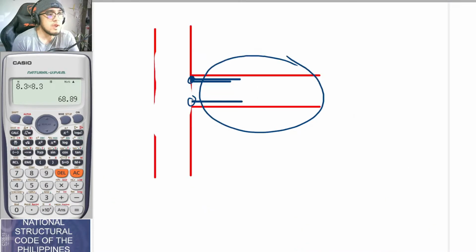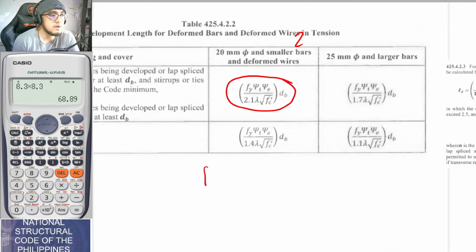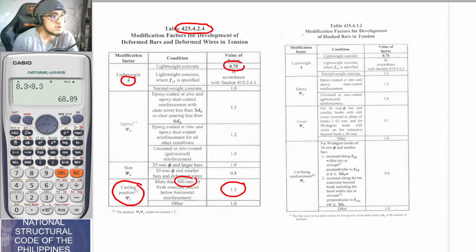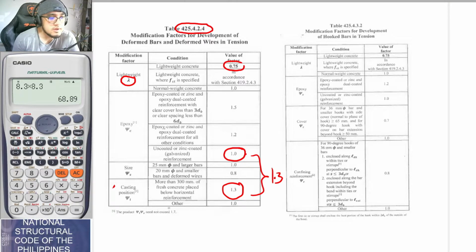So moving forward, we also have a provision here that the product of psi t and psi e should not exceed 1.7. Since our psi e a while ago is 1.0 and psi t is 1.3, 1.3 times 1.0 is equal to 1.3, so it did not exceed 1.7. But for example, if it exceeded 1.7, you will now use 1.7.